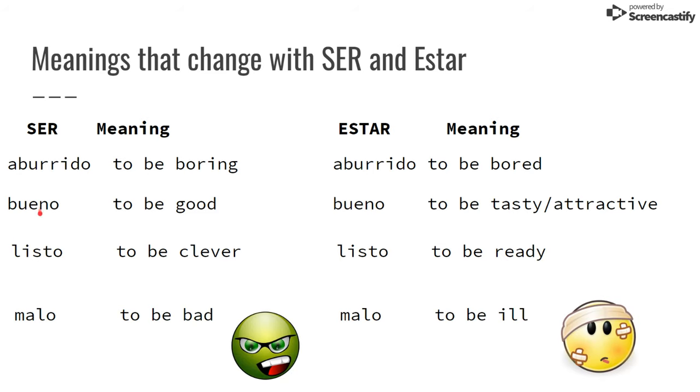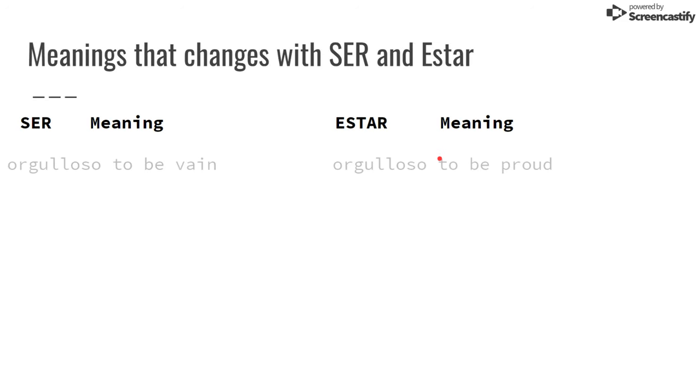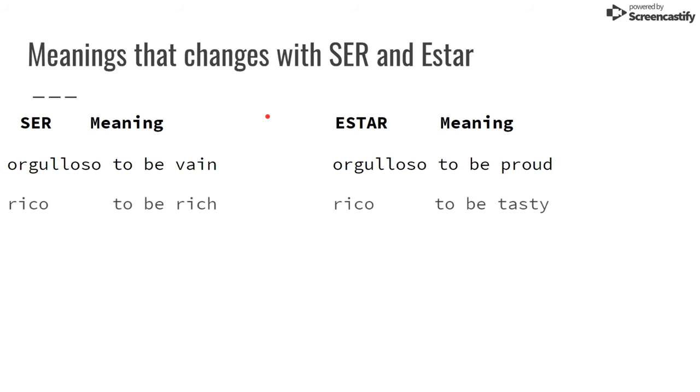Again, here, if you see, this is how we talk about the description of somebody's personality, and here, how somebody feels. Yo soy orgulloso, I am vain, but yo estoy orgulloso, I am proud.